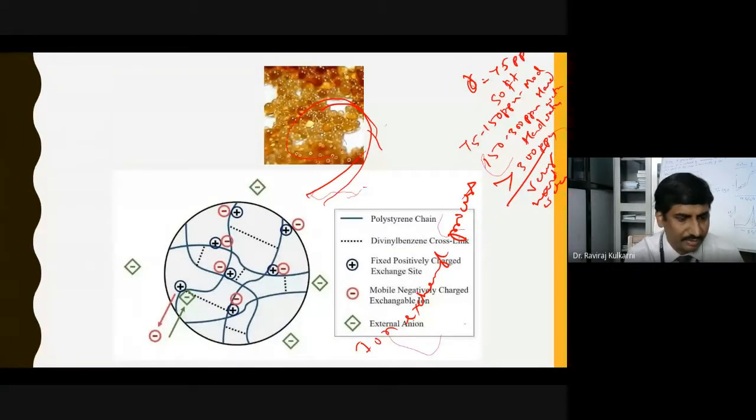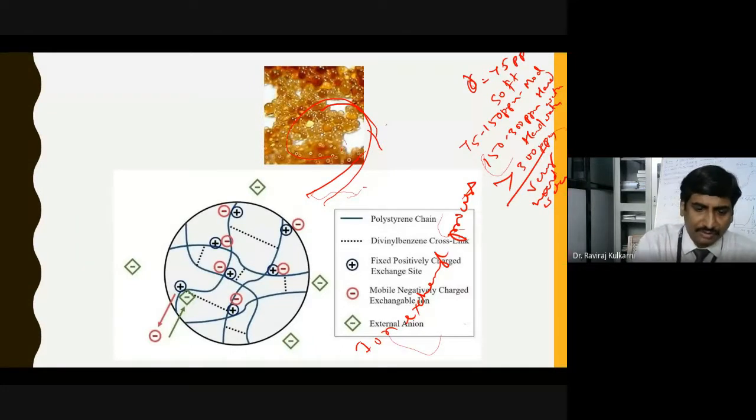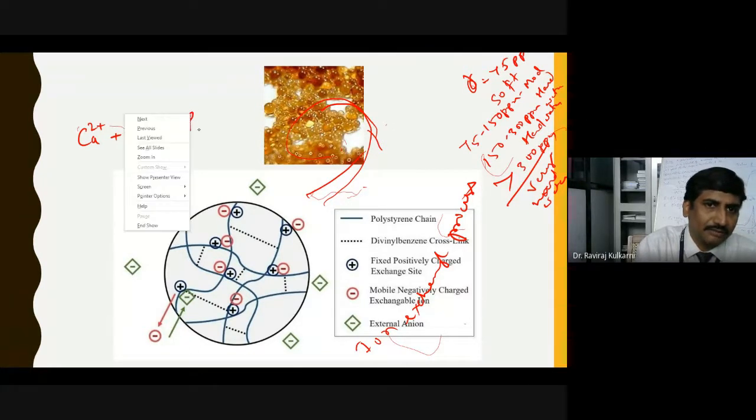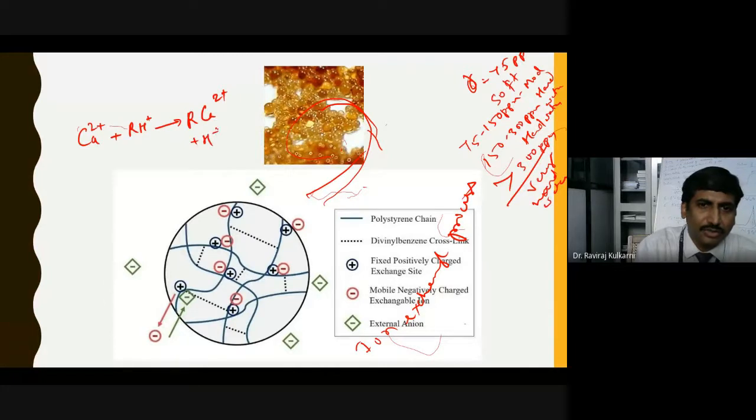If the exchangeable ion is a cation, we call it cation exchange resin. For example, calcium ions interact with the H plus ions, then calcium ions sit on the resin and H plus ions go into the solution.